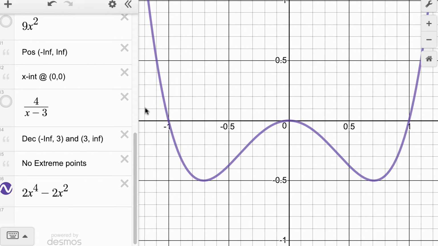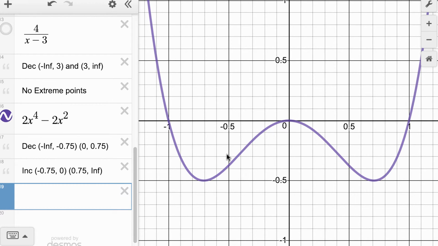We just want to see how the function and its first derivative are relating. So anyway, we are decreasing until we get to about negative 0.75. Then we're increasing until we get to 0. Then we're decreasing until we get to positive about 0.75. And then we're increasing again.